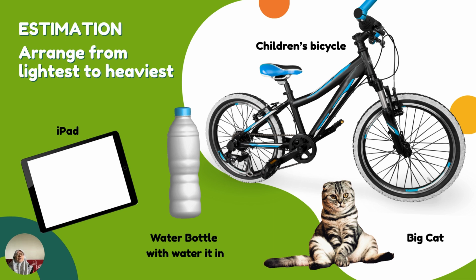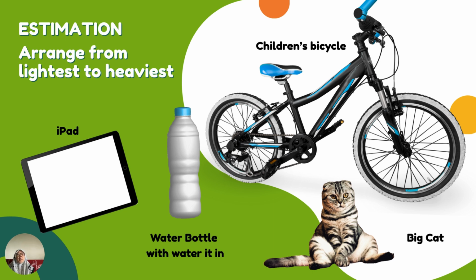So estimation, you're asked to arrange from lightest to heaviest. So your students, you need to teach your students what estimation is, and ask them to estimate some items in the class.